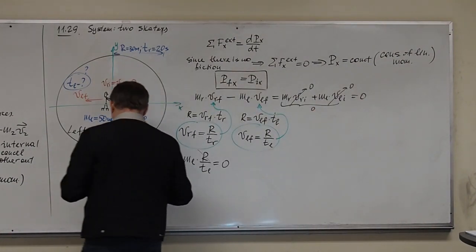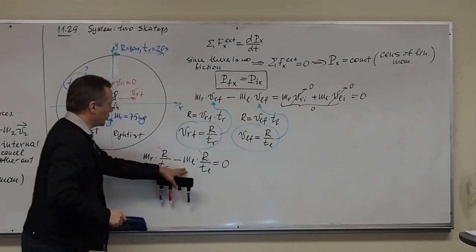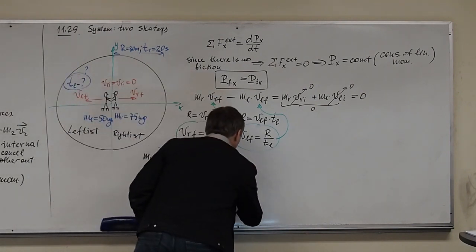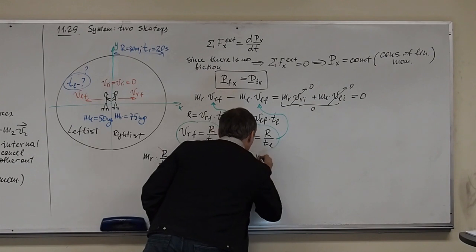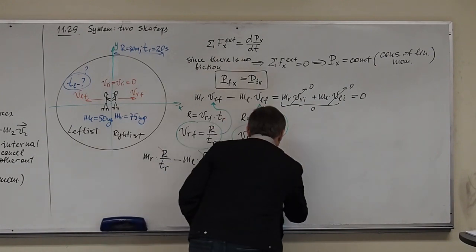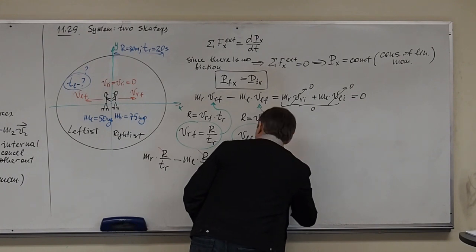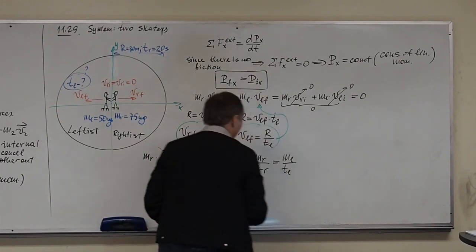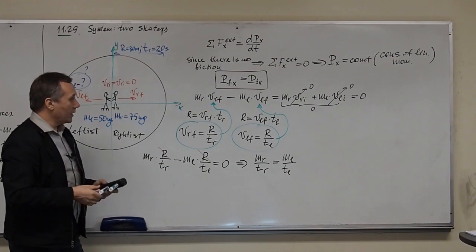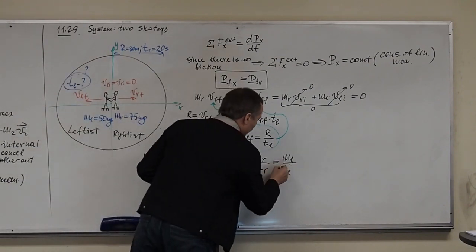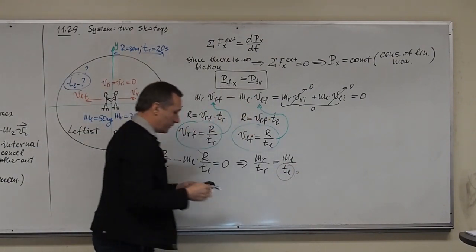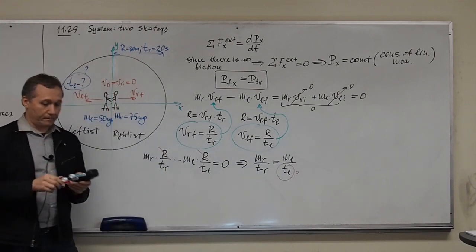So finally, let's just move this term to that side. So it will be MR divided by TR equals ML divided by TL. Again, everything is known except for the travel time of the left person.